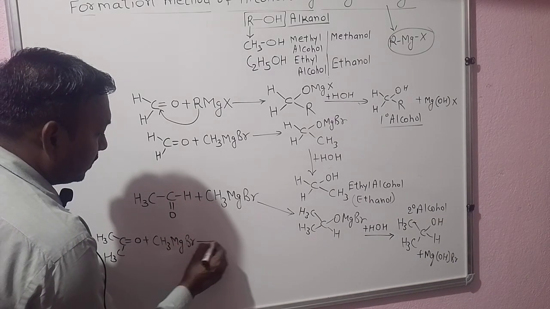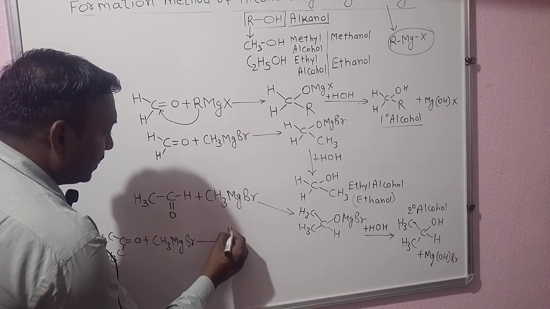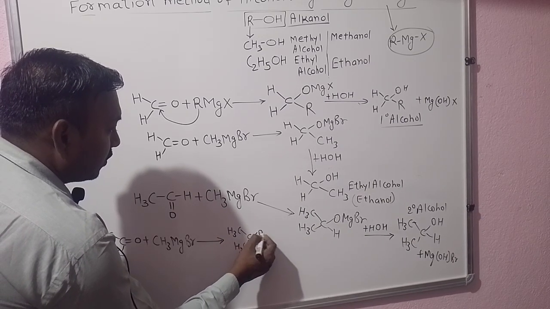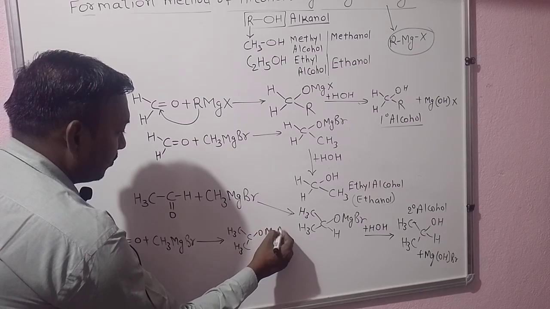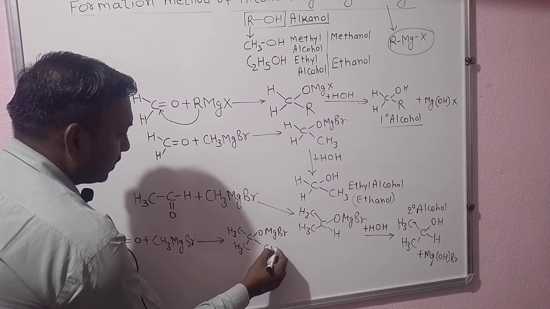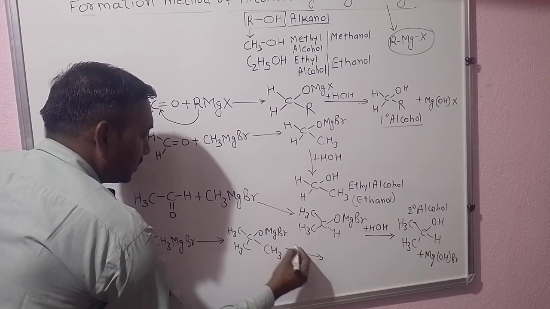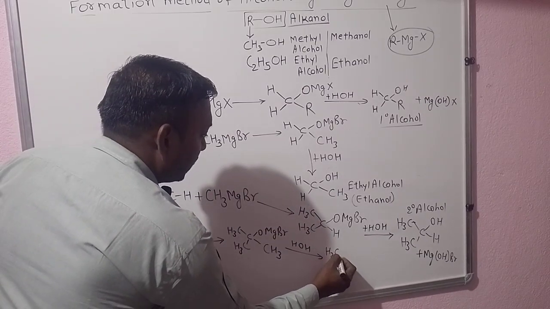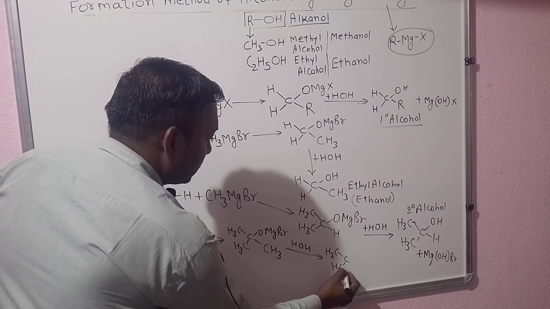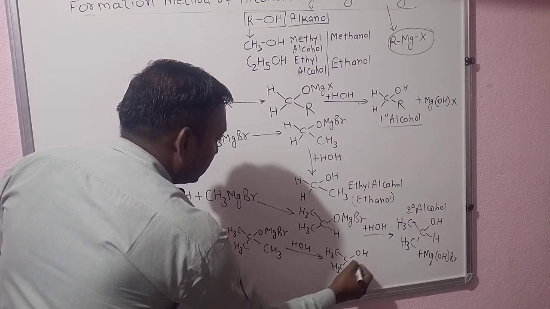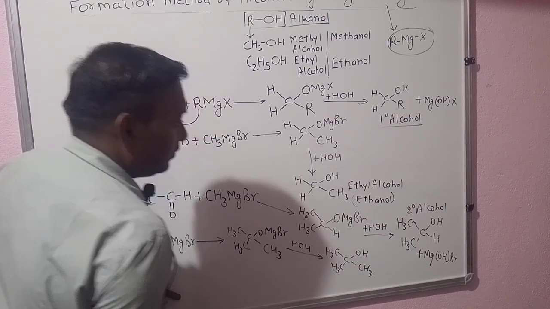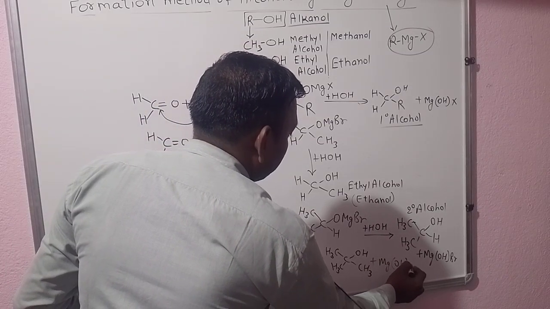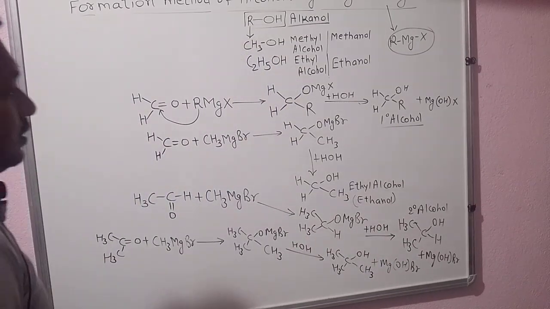They will react with each other and first form CH3, C, CH3, OMgBr, CH3. After the hydrolysis with HOH, it will convert into a 3 degree alcohol, C, CH3, CH3, OH, CH3. Clear? Plus MgOHBr. You can see here.